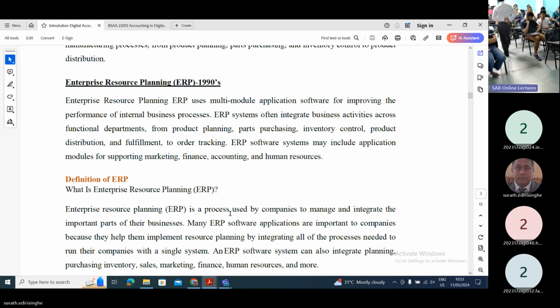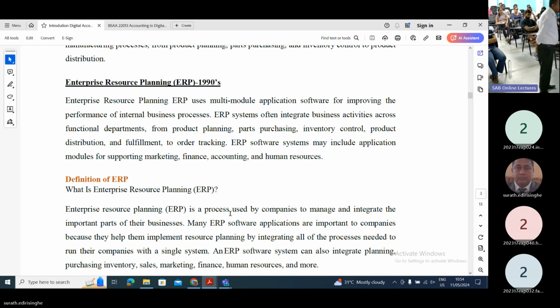After implementing such modern, sophisticated software, it will support your company in managing the business activities very efficiently, effectively, and correctly. We call that improving the performance of business process.